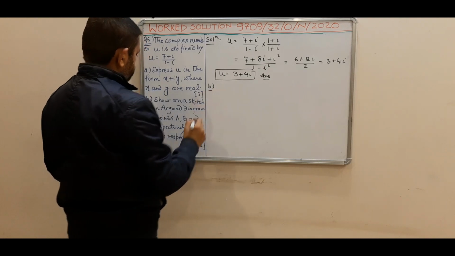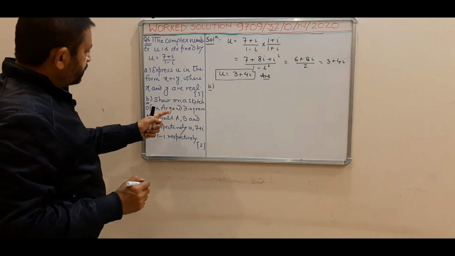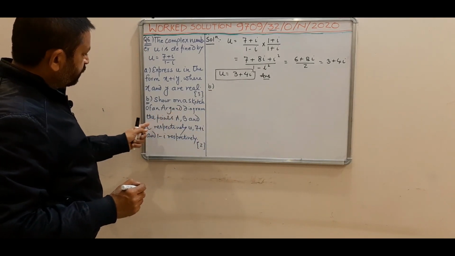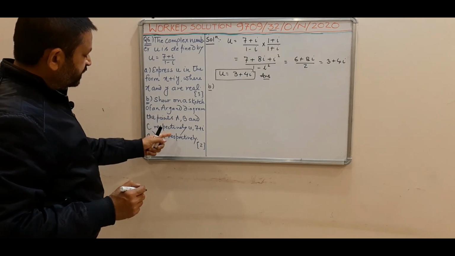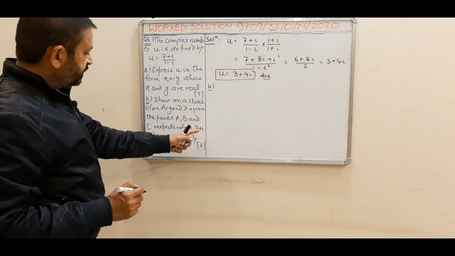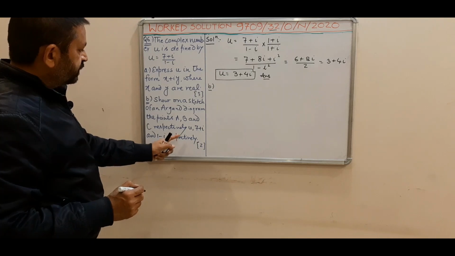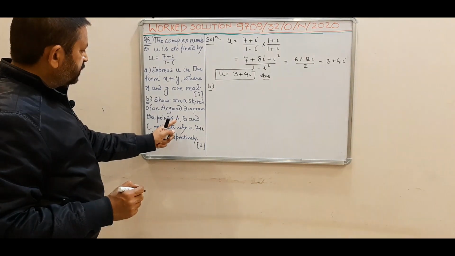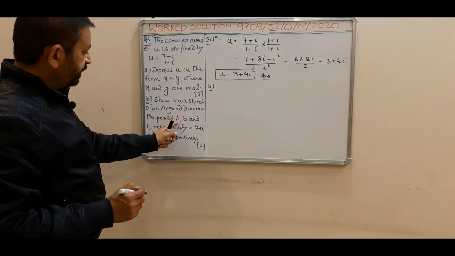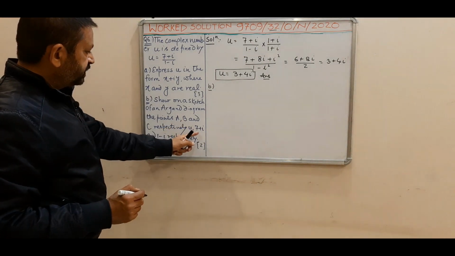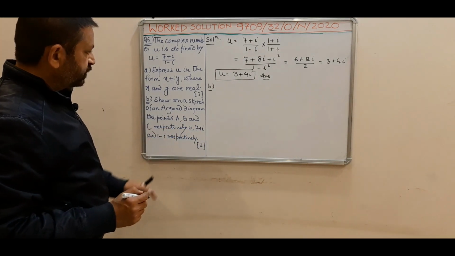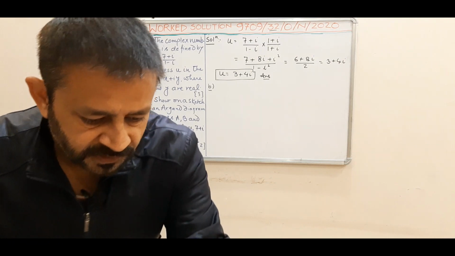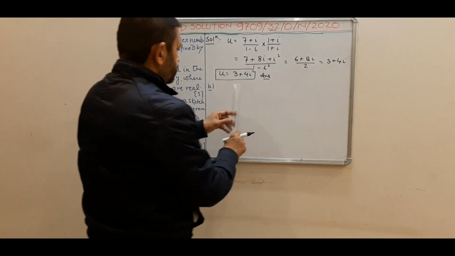B part. B part is: show on a sketch of an Argand diagram the points A, B and C representing u, 7 plus i and 1 minus i respectively. So we need to locate points A, B and C, where A is u, B is 7 plus i and C is 1 minus i. I'm just drawing it.